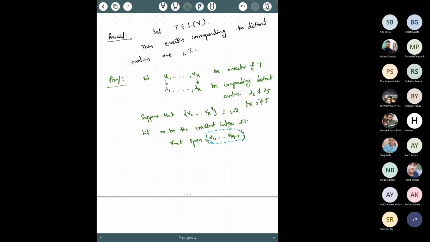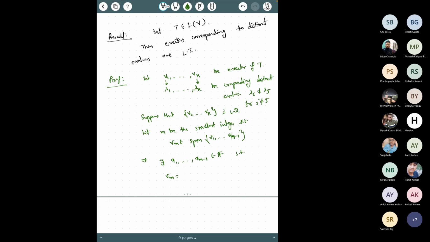But vm is in the span of these. So there exist scalars a1 to am minus 1 such that vm equals a1 v1 and so on up to am minus 1 vm minus 1. Let us call this expression star.